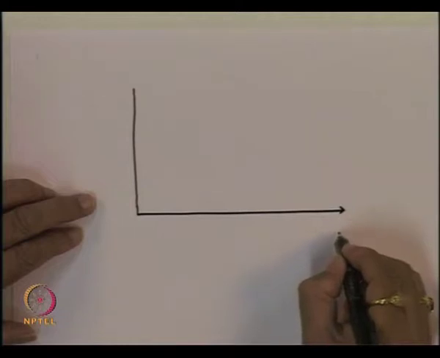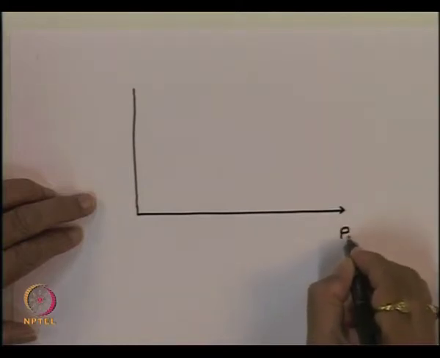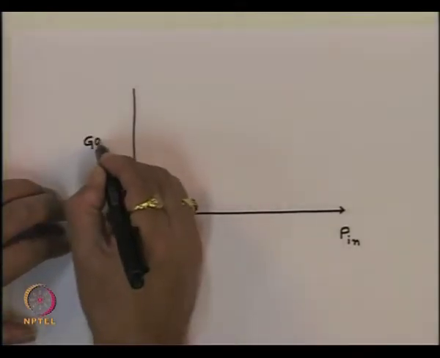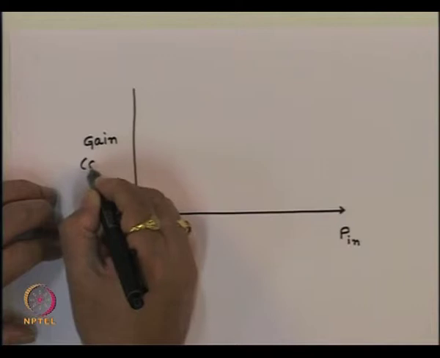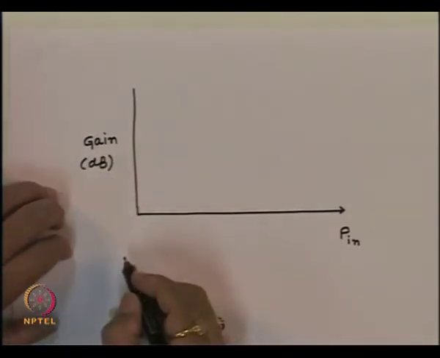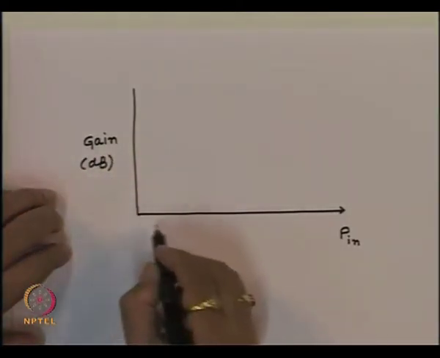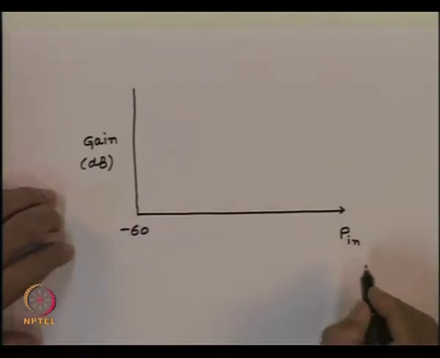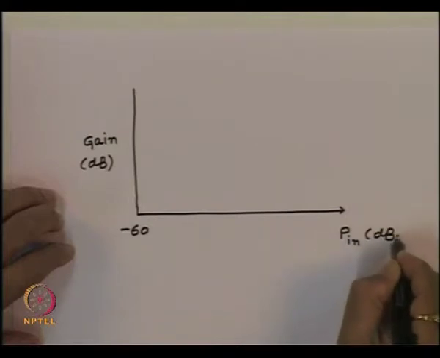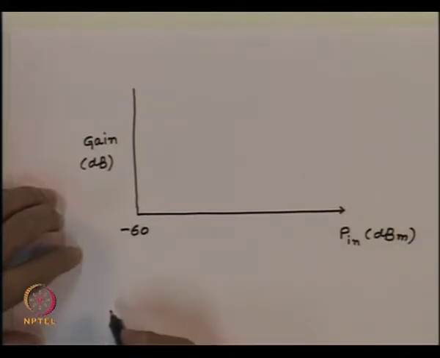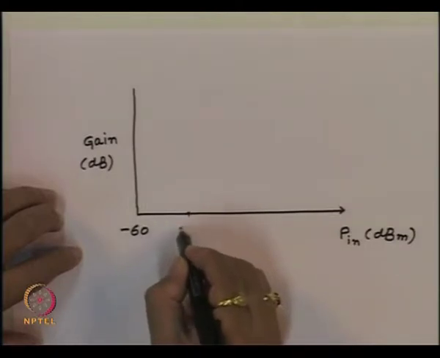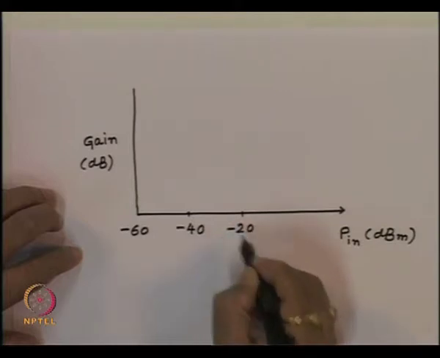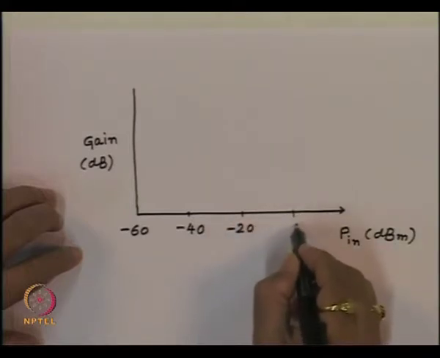This is Pin, the signal input power, and we have gain in dBs here. Let us say we put the power, this is minus 60, in dBm, minus 40, minus 20, 0.